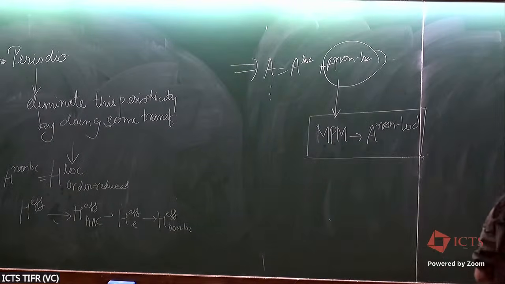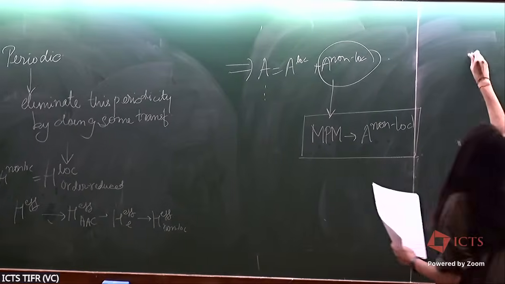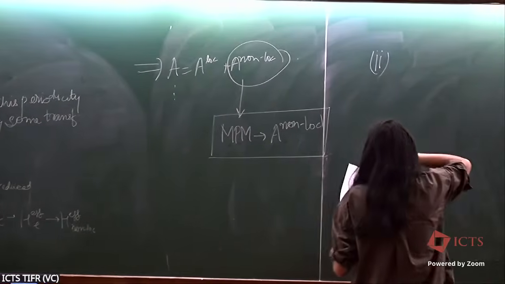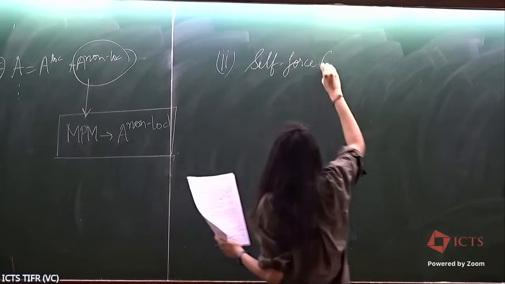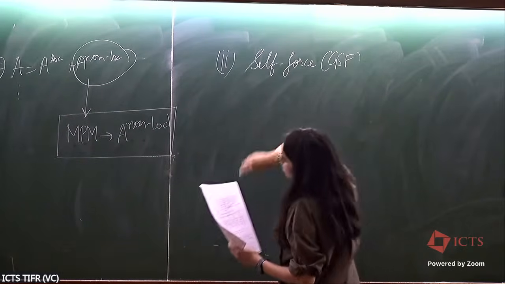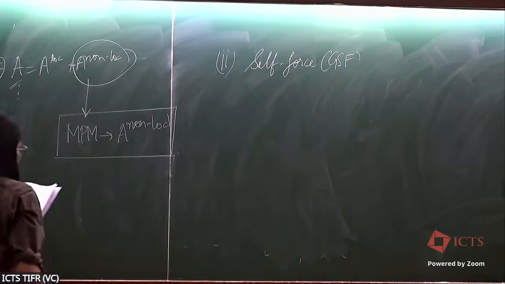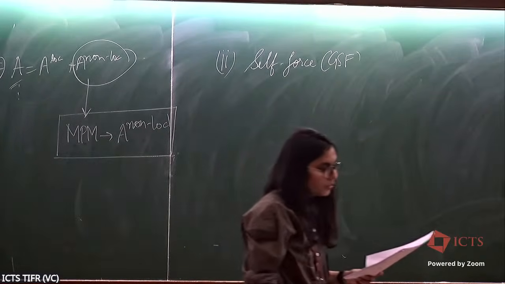Now let's look at the second step that we mentioned. The second step is self force. Basically, the GSF results are used to obtain something in these A potential, B potential, or Q potential.